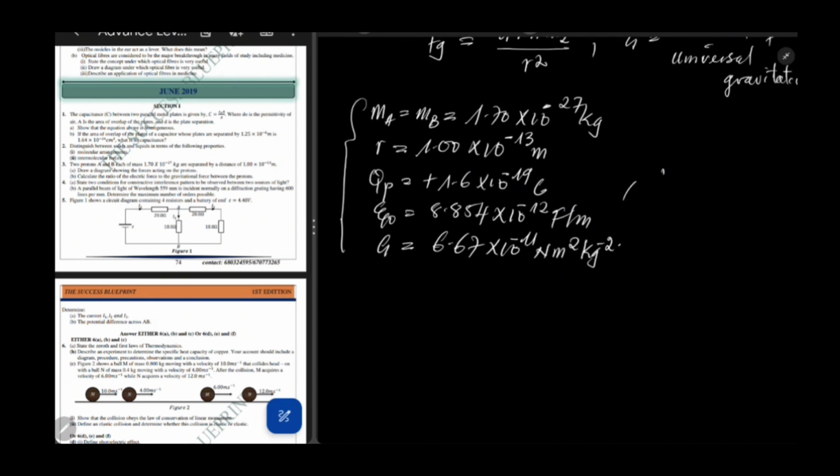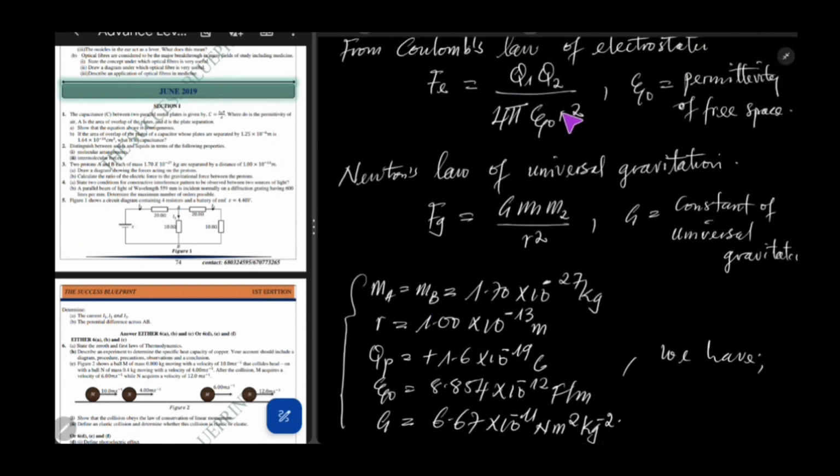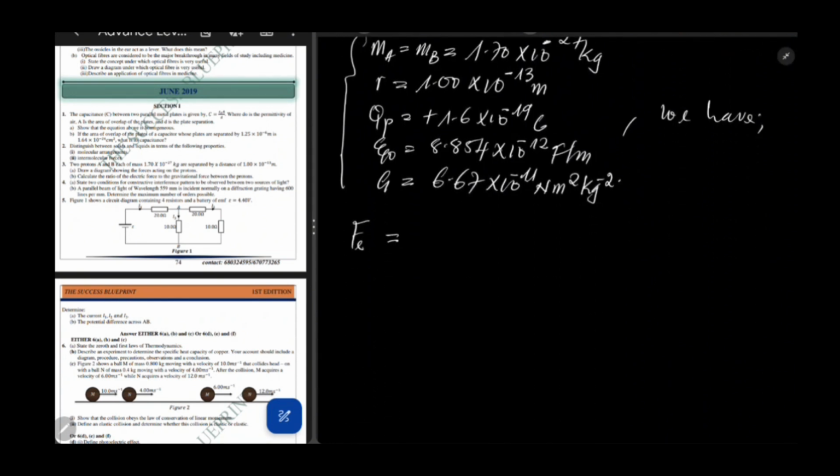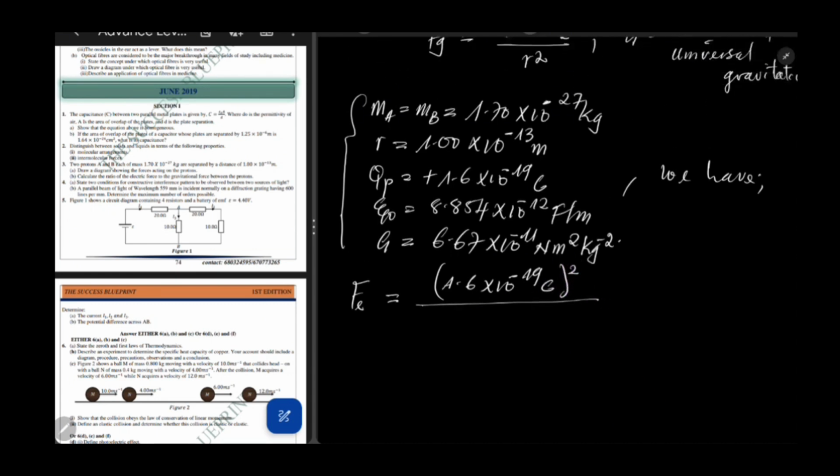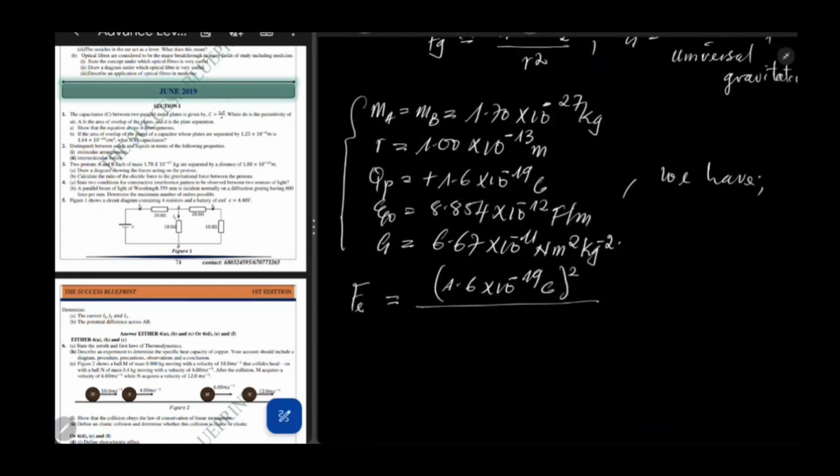Now, with these parameters, we have that the electric force Fe between A and B will be equal to the product of the charges divided by 4 pi epsilon 0 r squared. So we are going to have 1.6 times 10 to the power negative 19 coulombs, all that squared, because the charge on the two protons are the same, divided by 4 pi epsilon 0 r squared.